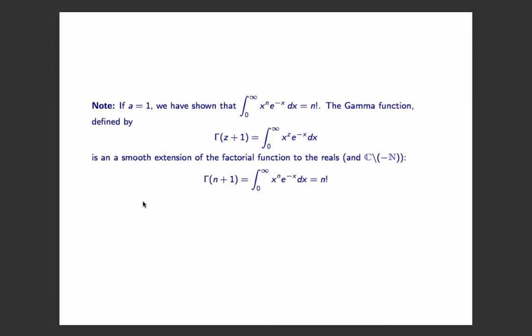Even more, it's actually an analytic extension of the factorial function to the complex plane, except for negative integers. So the gamma function evaluated at n plus 1 is n factorial. So we actually have a smooth function that extends the factorial function to, well, any real value.